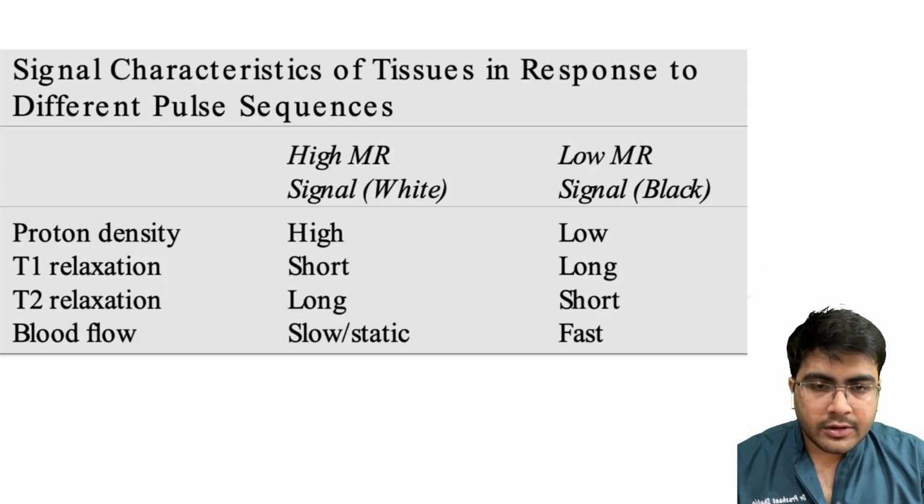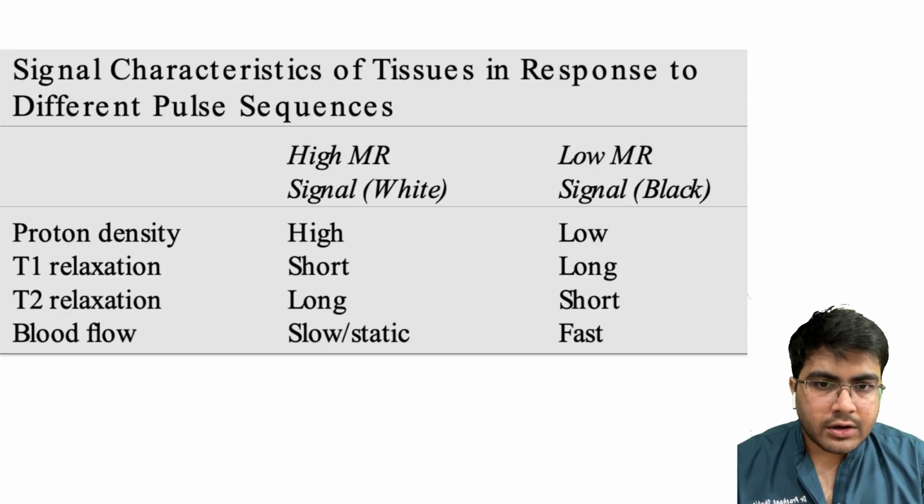If we go for T1 images, since the T1 relaxation would be short, the images would be white, and if it is long, then the images would be black.